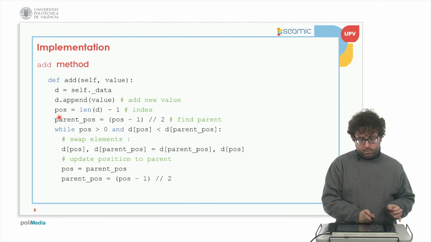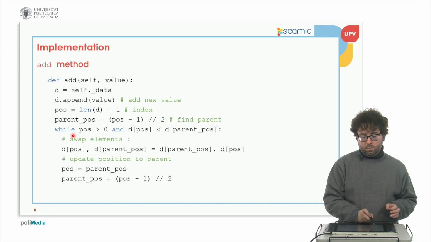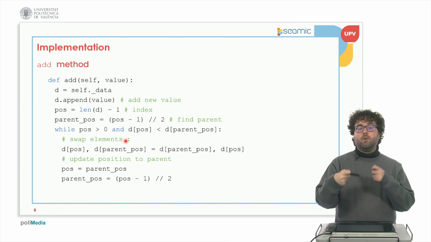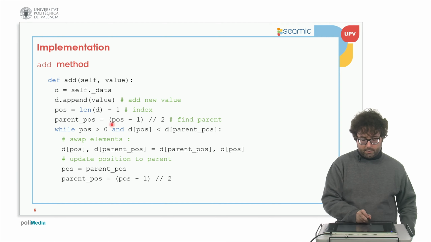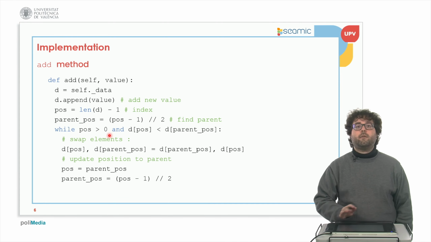Then we compute the position of that element to find its parent. We find where the position of the parent is, and then we check. As long as the child is smaller than its parent, we make a swap and check again. This will be repeated as long as the child is smaller than the parent, or until we reach the root. If the position is already the root, then we are done.